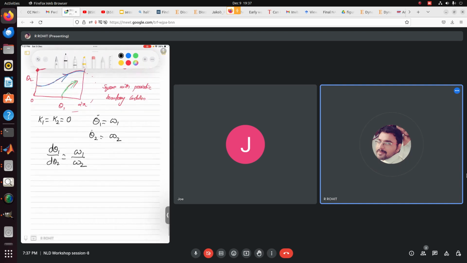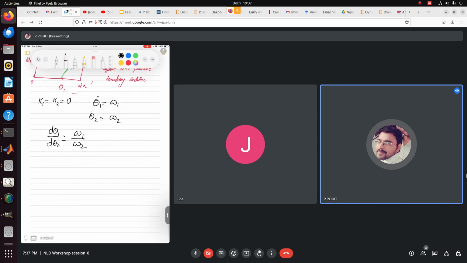So when you are drawing the phase portrait in a square diagram for this condition, you have, say, theta 1 over here, theta 2 over here. In these cases, when K1 and K2 are 0, you will have straight line trajectories. They evolve from somewhere, and they cover back and come back.